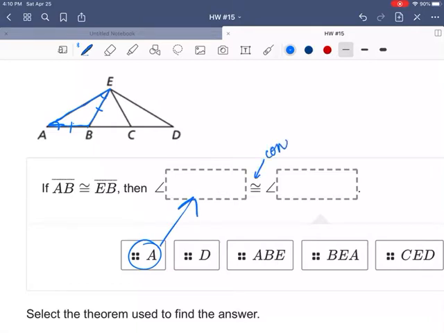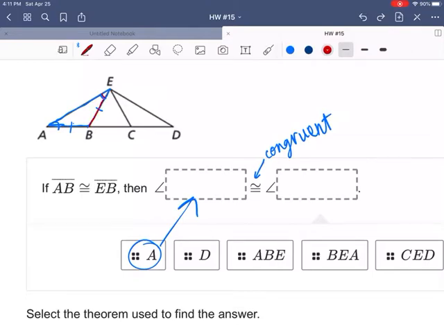Angle A is congruent. So remember that symbol, congruent means same size, just like equals, but for shapes. And then it's congruent to this angle E right here, but angle E could be referring to this one, this one, this one, or even this full thing, or this little part of the thing. So there's a lot of different angle E's. We need to specify which angle E we're talking about.